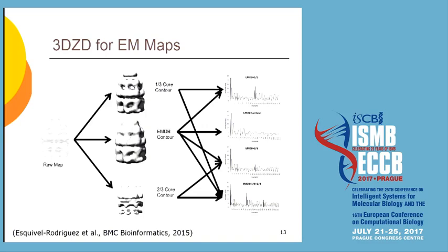According to the contour level, we make the isosurface shape, and in addition to that, we also make much higher density regions to capture the core of the biomolecules. For each of them, we compute the 3D Zernike descriptors, series expansion, compute the coefficient values and concatenate them. And that's how each EM map is represented and stored in the EMSurfer.